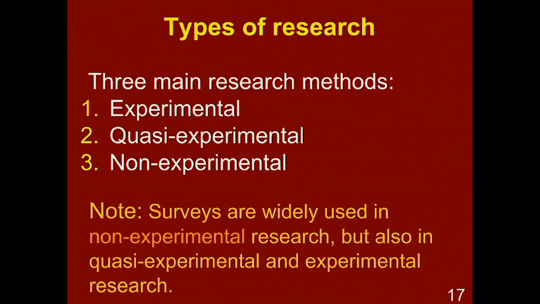Now, we can use surveys in each of those types of research, but they're very heavily used, particularly in non-experimental research, because there's no real experiment. It's often pretty much survey-based data that's collected.